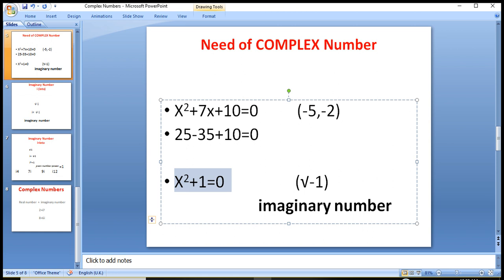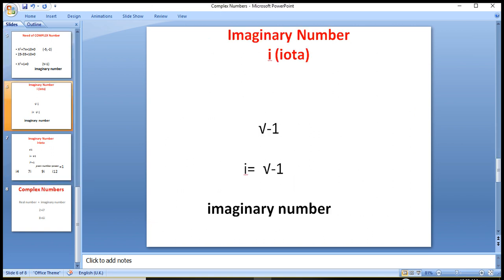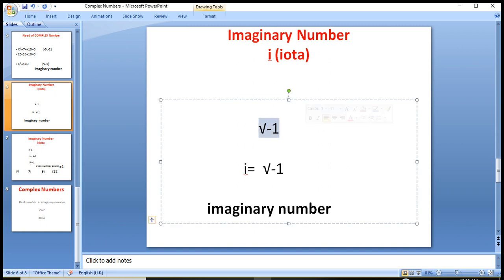So now we come to the next slide. An imaginary number is denoted by i, and it is called iota. Under root minus 1 is an imaginary number, we have learned. i equal to under root minus 1.